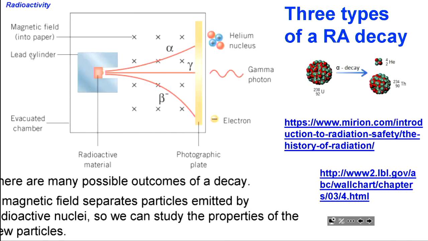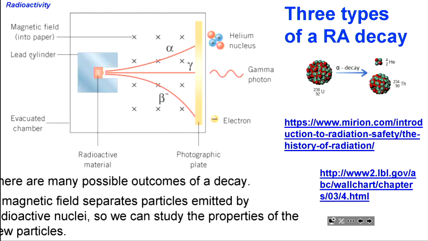Now, a decay. There are many, many types of decays, but in physics we know the 3 most famous, historically: alpha, beta, gamma. If we have a radioactive sample and a photoplate, we can see it being exposed.